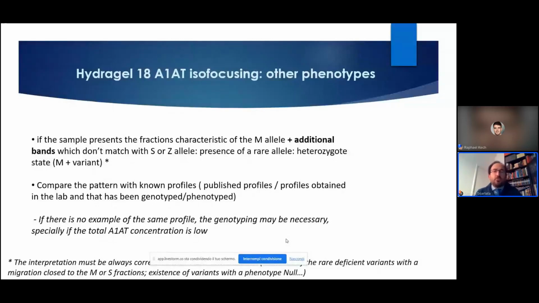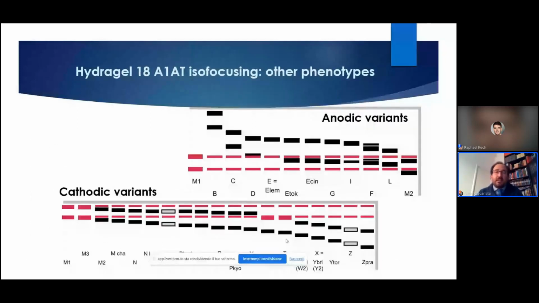I don't want to go into depth on this, but please remember that a number of anodic variants exist, and you should be confident with that when you want to perform isoelectric focusing analysis and diagnosis of rare variants.